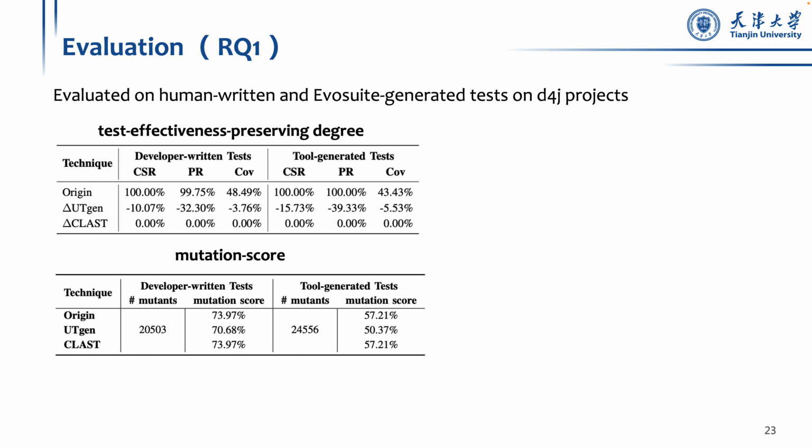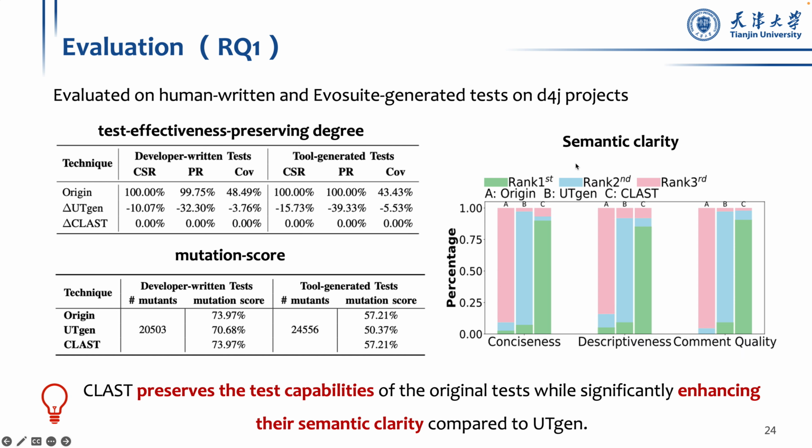CLAST demonstrated a strong ability to preserve test effectiveness while significantly improving semantic clarity compared to UTGen. Specifically, CLAST fully retained the original test effectiveness, whereas UTGen reduced compilation success rate, pass rate, coverage, and mutation score by 12%, 35%, 4%, and 5% on average.